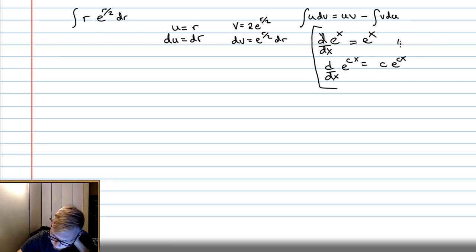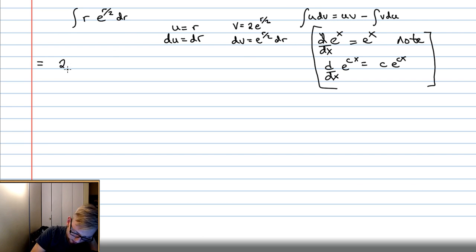Then we can write, I'm going to put this in as a note, this integral is now equal to uv, so u and v. Remember to write the 2 first: 2r e to the r over 2. And we're going to minus the integral of v, which is 2e to the r over 2, and du, which is dr. Not bad.